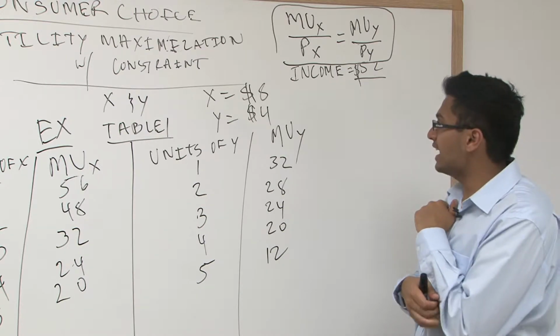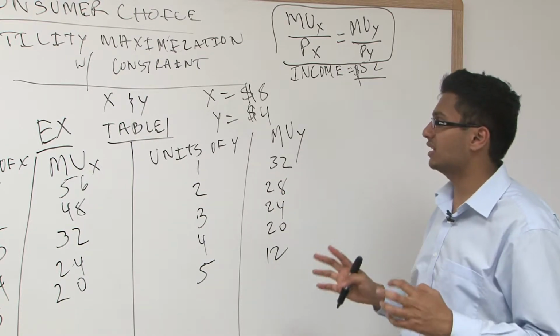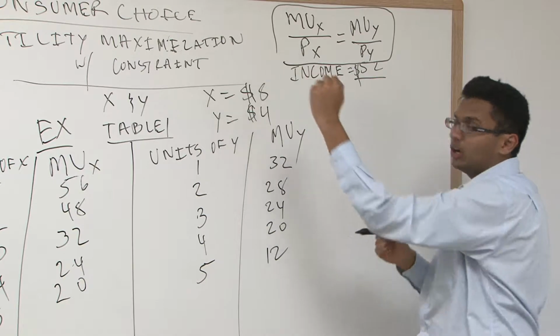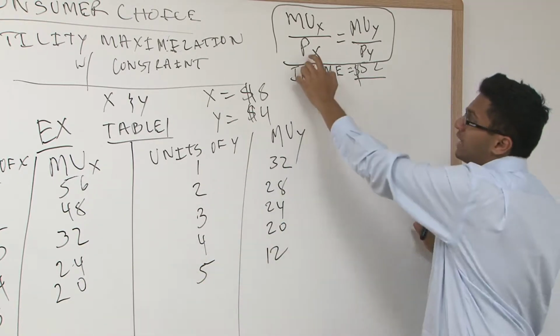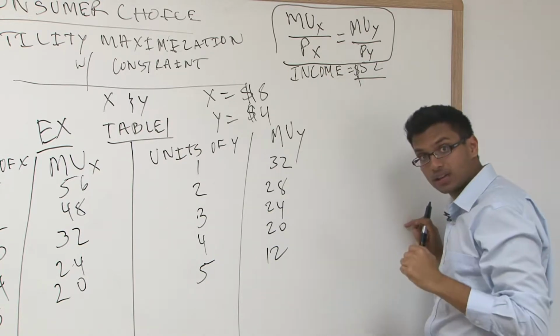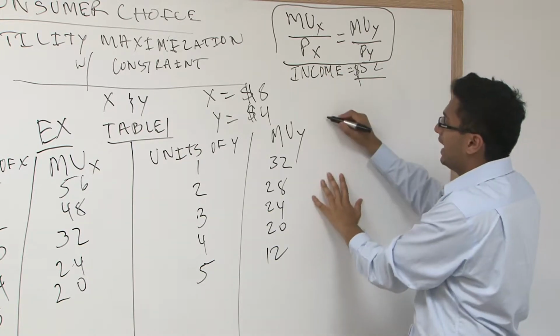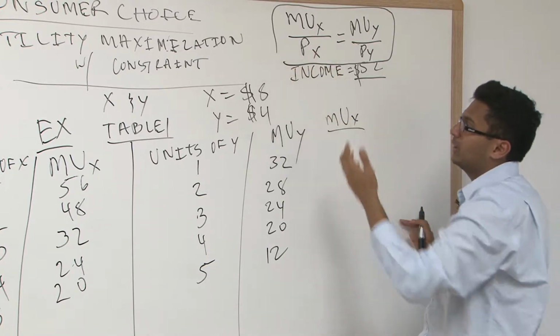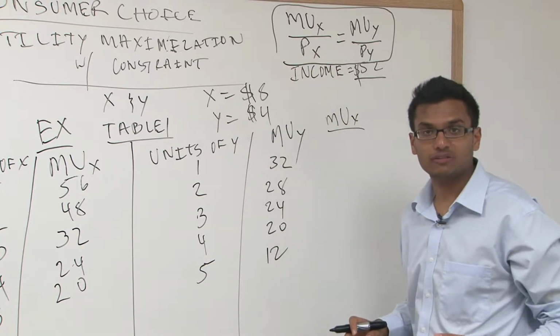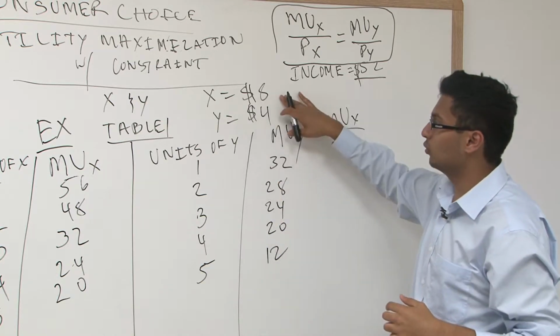So how do we say that in this example? We don't know what MUX is, since it's variable for each unit, but the price does not change for X or Y. So we say MUX over PX; MUX changes for every single unit, and PX, we already said, was $8.